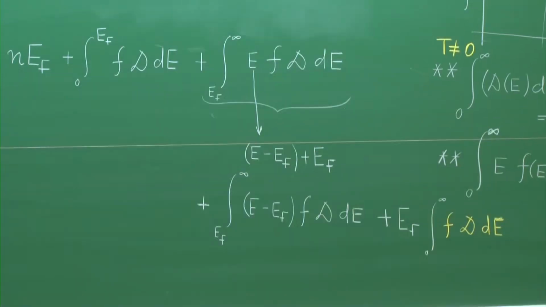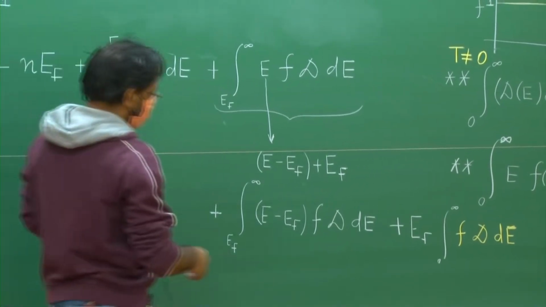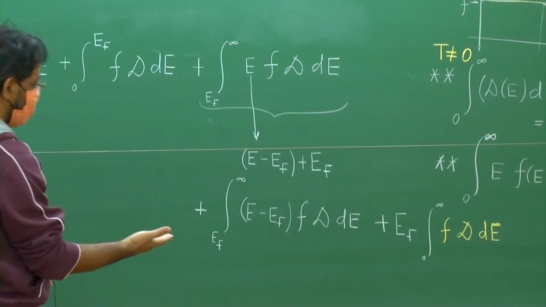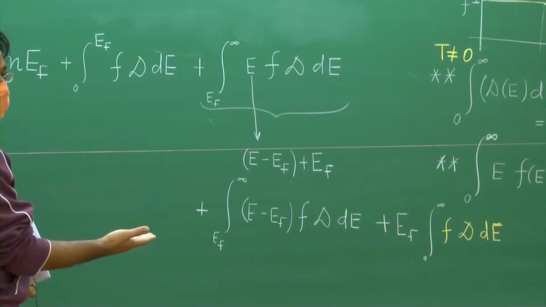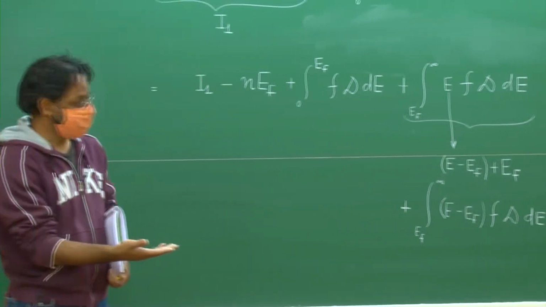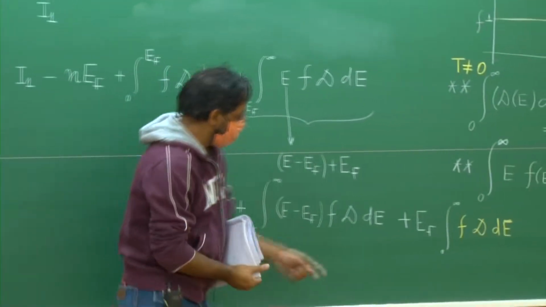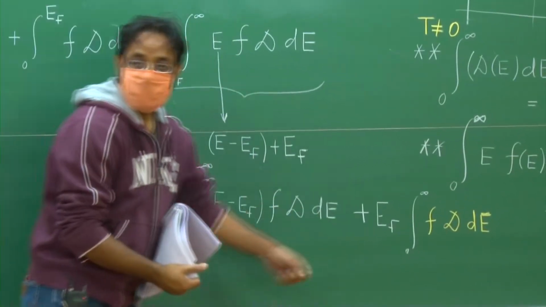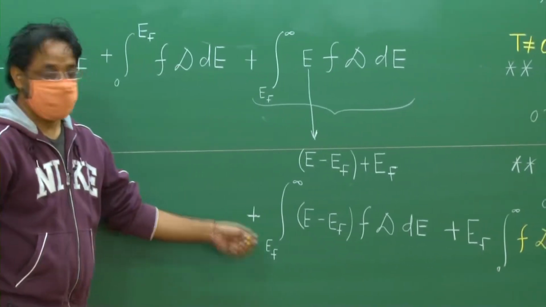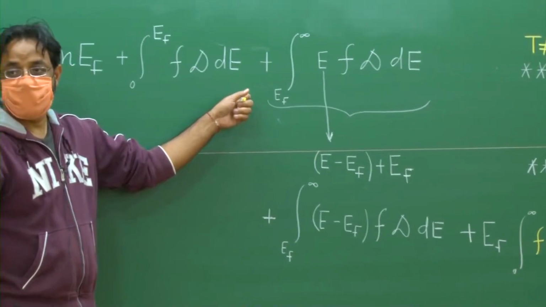So, what have I achieved by doing that? You see, I made a mistake and you didn't point it out. Can you tell me where the mistake is? Here? Where?